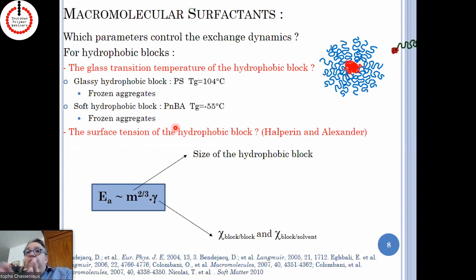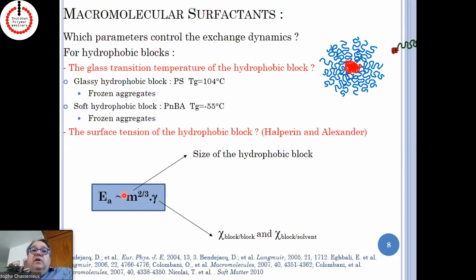Why is it so? Because if you want to remove these polymer chains from the micelles, you must spend some energy, and this energy has been computed by theoreticians. They have shown that it is related to the polymerization degree of the hydrophobic block to the power 2/3, and also to the surface tension of this hydrophobic block with respect to water.